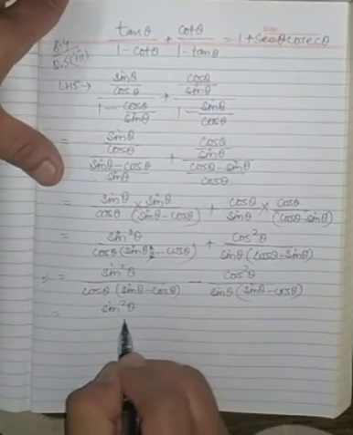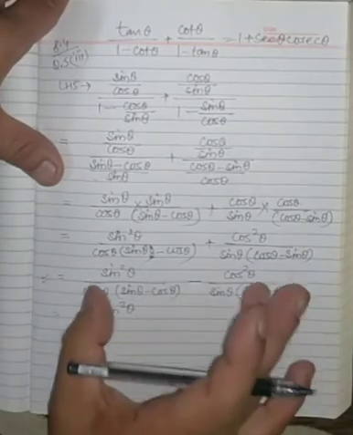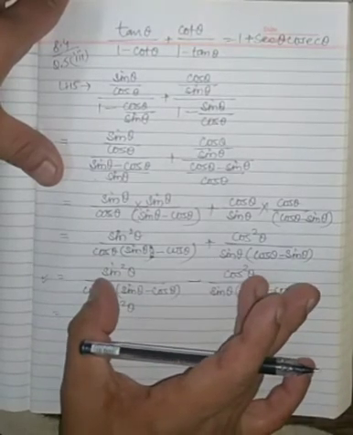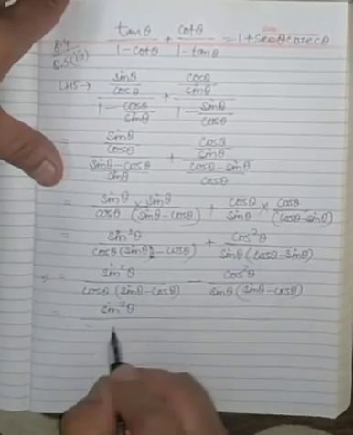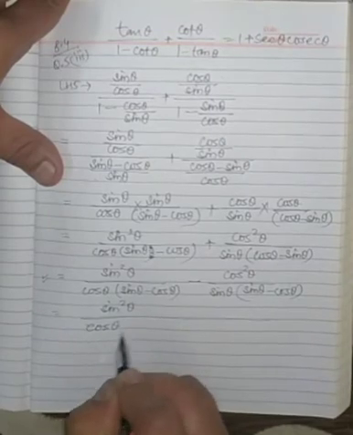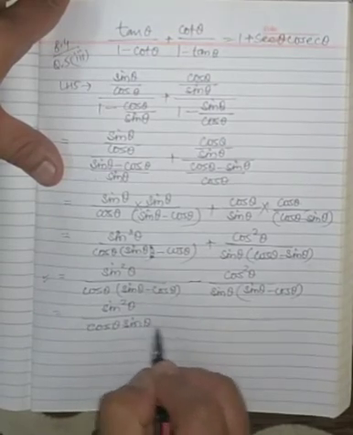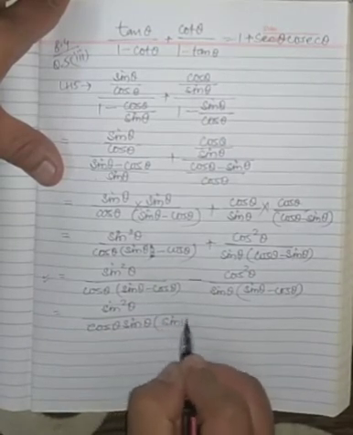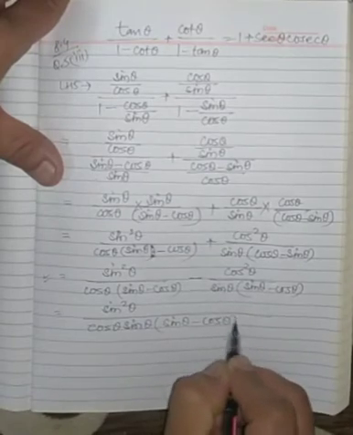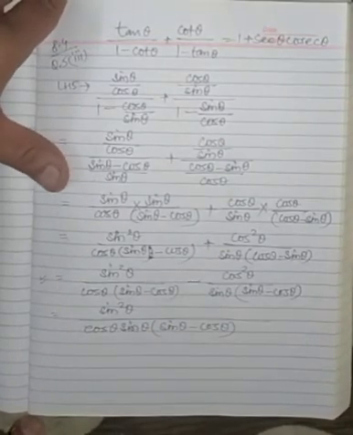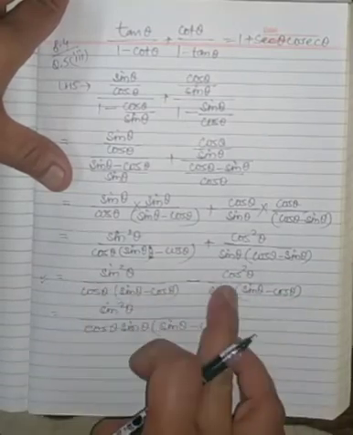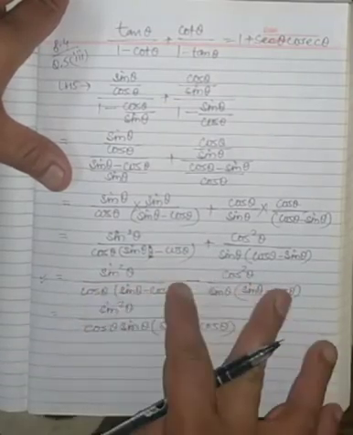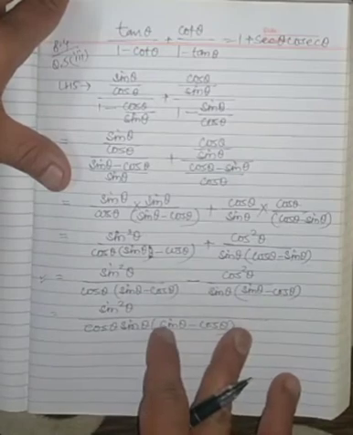Now sine square theta, we will take the LCM of this part, denominator LCM. So the LCM will be equal to cos theta, sin theta, and sin theta minus cos theta. Okay, the LCM of these two is cos theta, sin theta, and as these two are same, so this will come once.